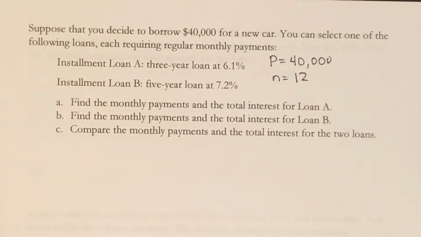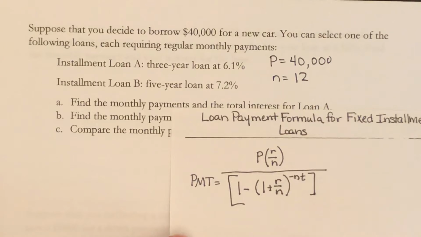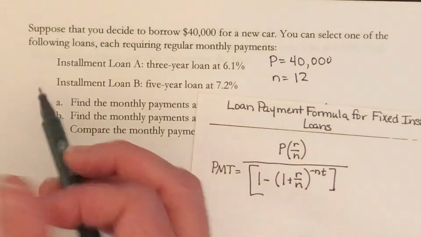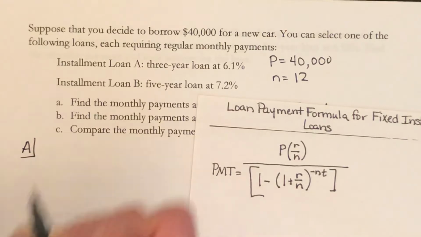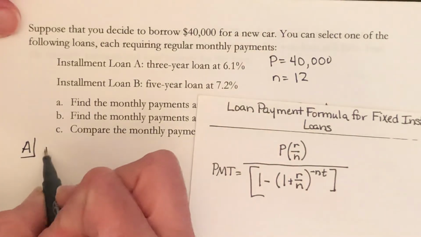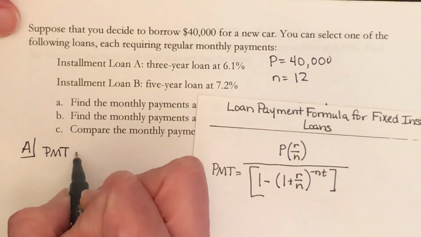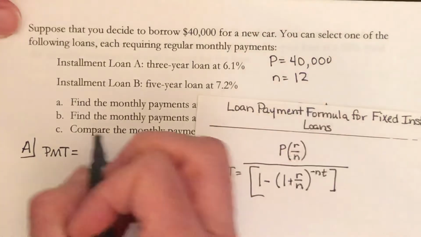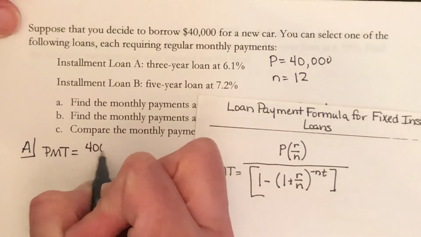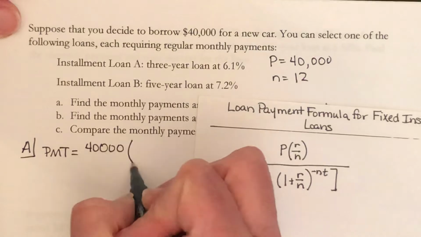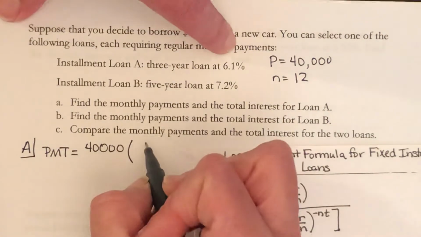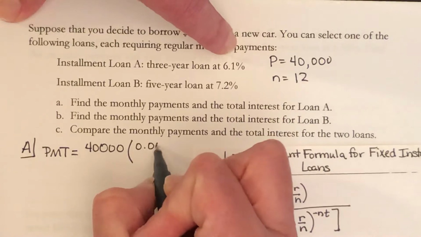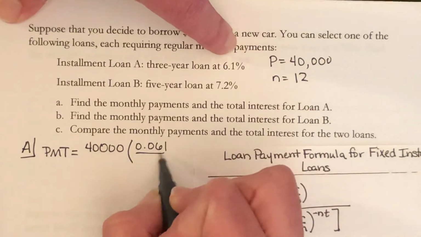So, our payment formula for loan A: our payment is equal to $40,000 times R over N. Well, R is going to be 0.061 over 12.